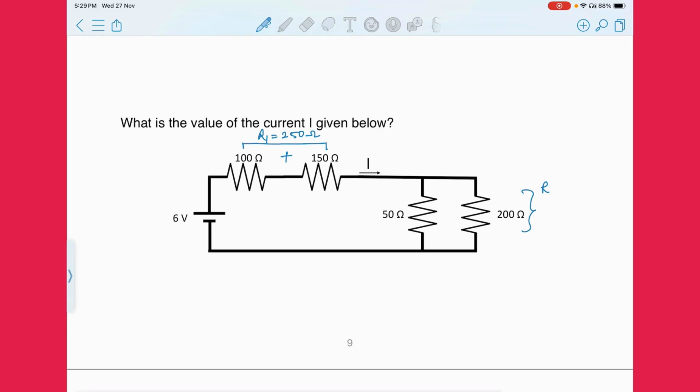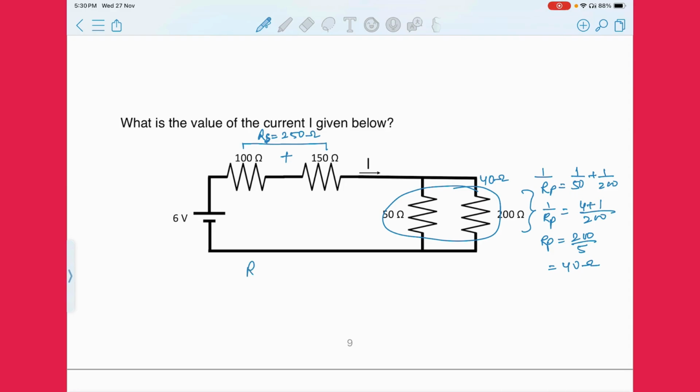So 1 upon R parallel will become 1 upon 50 plus 1 upon 200, which is 4 plus 1 upon 200. R parallel will become 200 by 5, which is 40 ohm. Net resistance will be 250 ohm plus 40 ohm, that is 290 ohm.